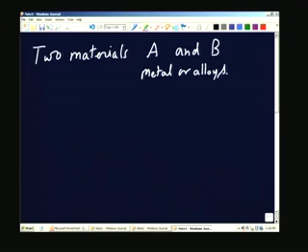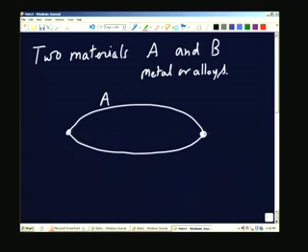And let me just consider a simple circuit where we have the two materials connected to form two junctions, and let me just write the two wires. This is wire A, and I have shown a junction deliberately by a blob there, and this is material B, and this is temperature T1, this is temperature T2, T1 not equal to T2.